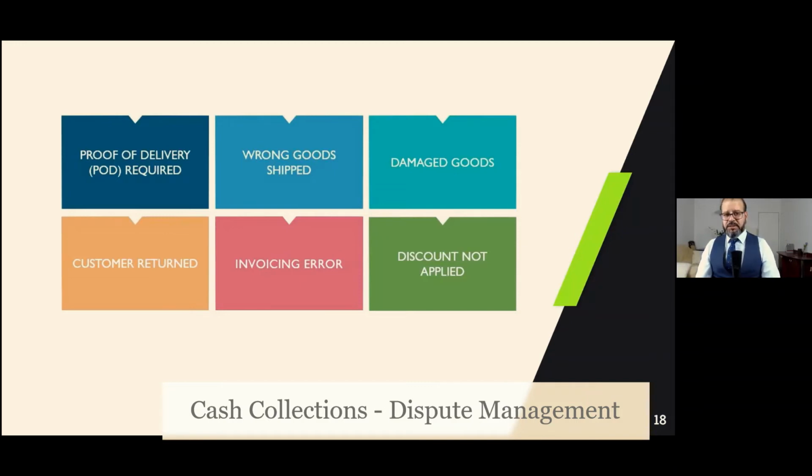Wrong goods shipped. So you need to look into not just your LSP, your logistics service provider, but also your factory, what kind of shipment you have sent, and why it was sent wrongly. Damaged goods. Now, this is also an important concern that can come from the customer. And that can end up in a penalty as well if you have shared damaged goods with your client.